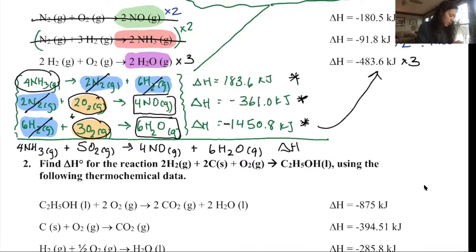Ooh, hopefully y'all already saw that. I was waiting to see if I would get it. Negative 1450.8 equals, and I have negative 1,628.2. I did not pay attention to significant figures.